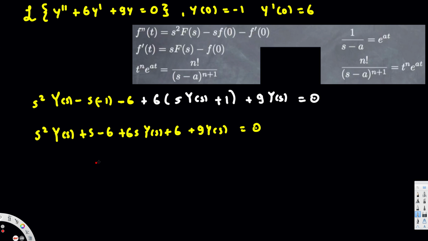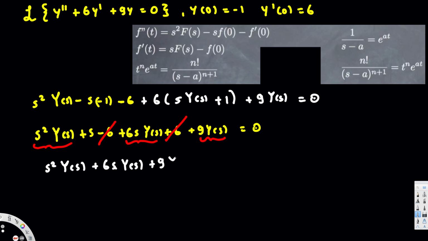Let's cancel everything we can. Minus 6 plus 6 cancels. Looking at the Y of s terms, here we have Y of s, here Y of s, and here Y of s. So let's bring these three together: s squared Y of s, 6s Y of s, and 9 Y of s, and here we have s.